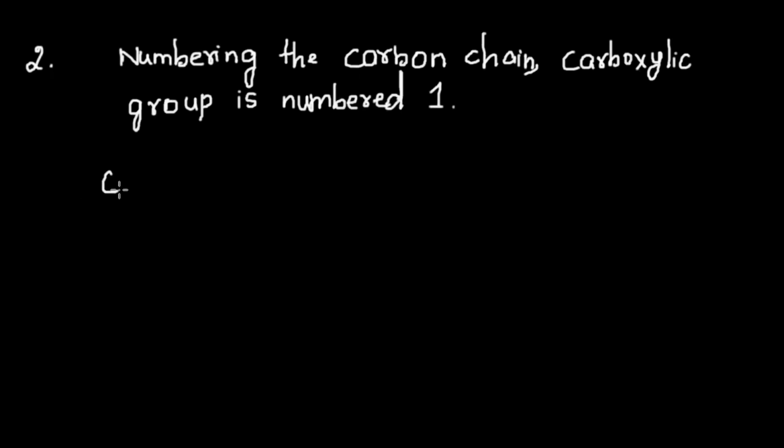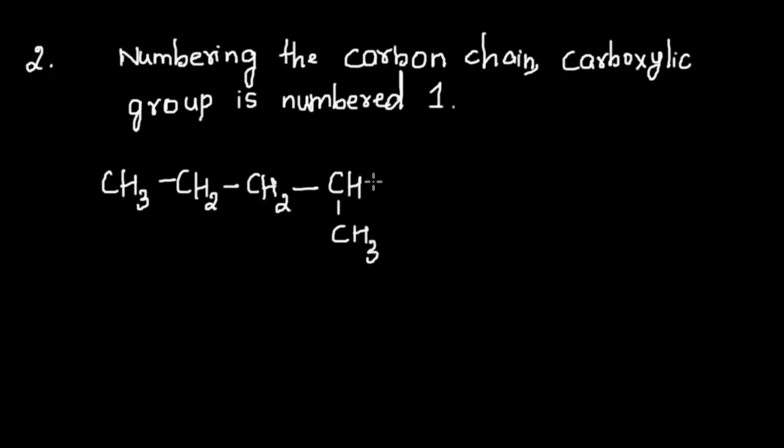For example, this is numbered starting from the carboxylic group as 1, and the longer chain is followed, and this is named 2-methylpentanoic acid.